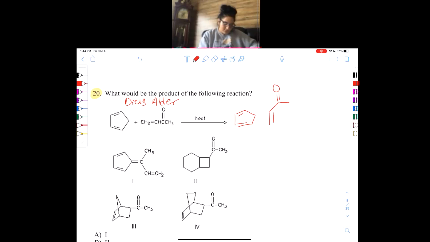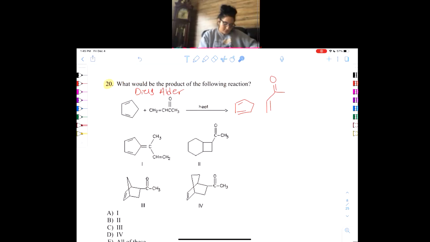We know that we are going to make a 6-membered ring. And we also know that because of this tip, we have 1 carbon in the bridgehead. So we can automatically get rid of this one because, what in the world is that thing? Why is there a 4-membered ring?